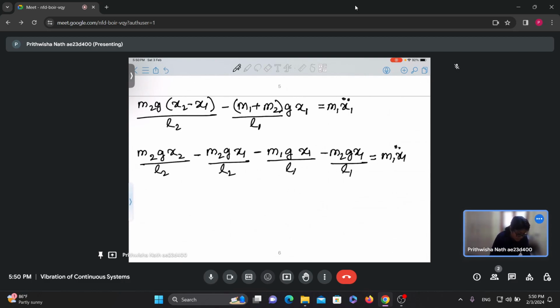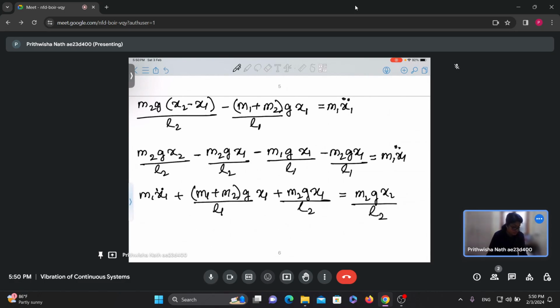Now this expression I can write with M2G x1 by L2 on one side equal to M2G x2 by L2.